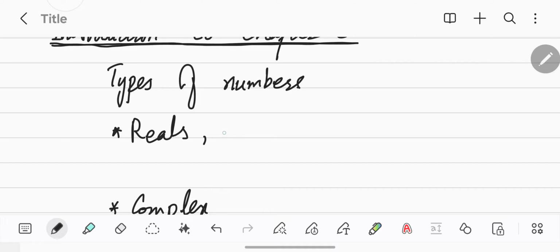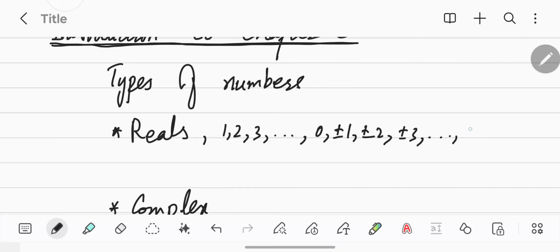For example, all natural numbers like 1, 2, 3, and so on, they are also reals. All integers, for example, 0, plus minus 1, plus minus 2, plus minus 3, all of them are also real numbers.